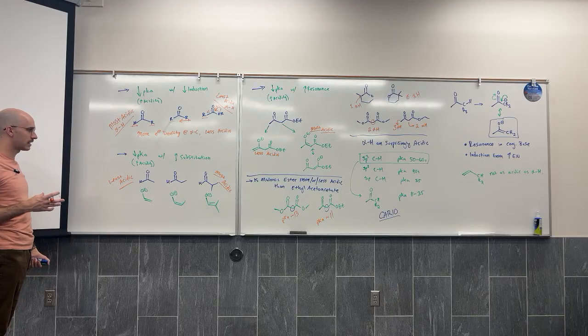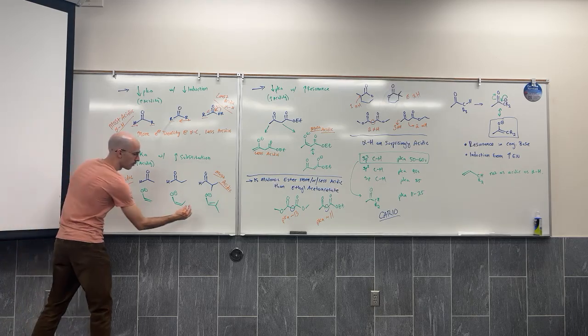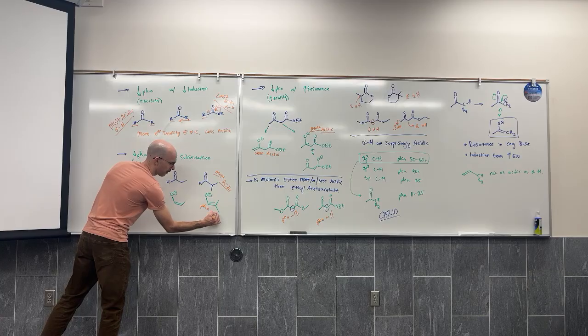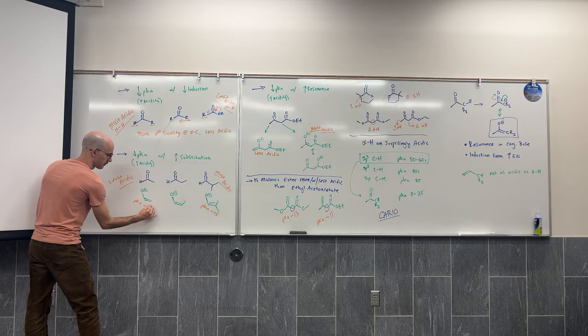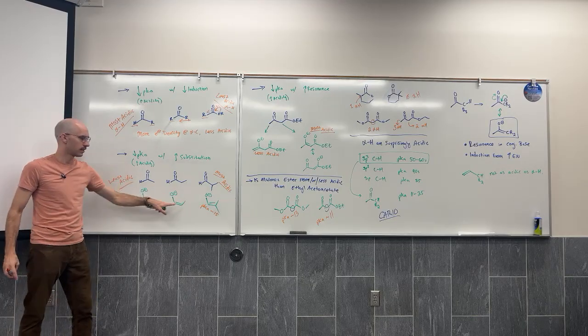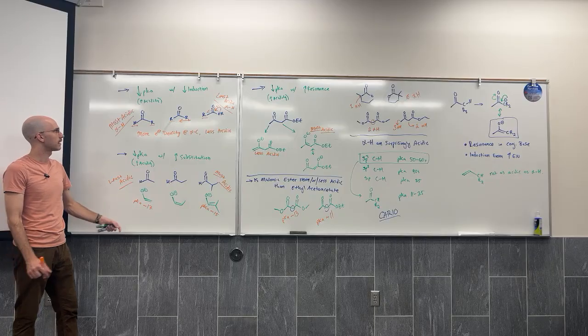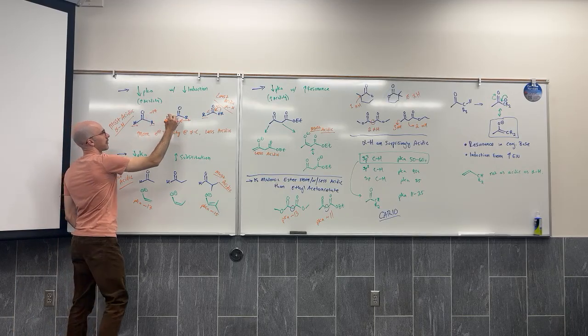But if you want to see some of the values, here we've got a pKa range from about 15 to 17. So the aldehyde ranges from about 15 to 17. The aldehyde in general has an upper end around 17.